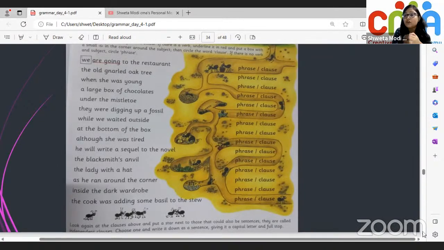A phrase will not have subject and verb both. Please note it down. A phrase will never have both subject and verb, but a clause will always have subject as well as verb. A phrase will have either subject or verb or maybe none of them.